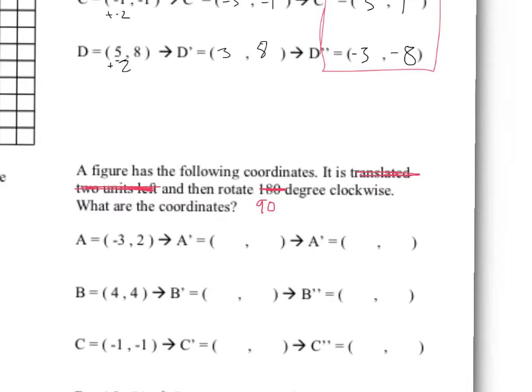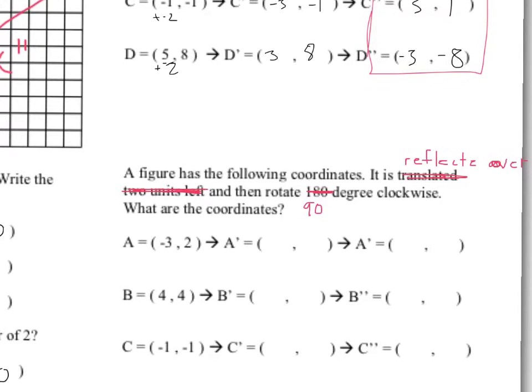All right, we're going to change this to: it is reflected over the x-axis and then rotated 90 degrees clockwise. So make that change. I just want us to get one more practice under our belts together. A figure has the following coordinates. It is reflected over the x-axis and then rotated 90 degrees clockwise.